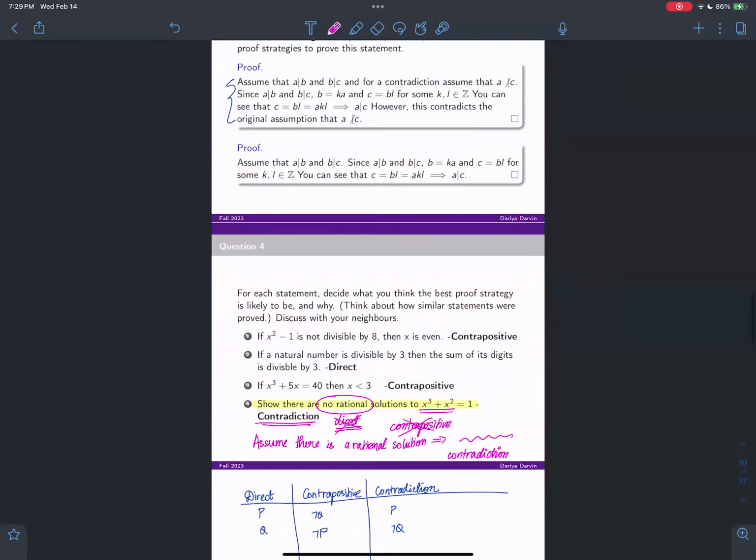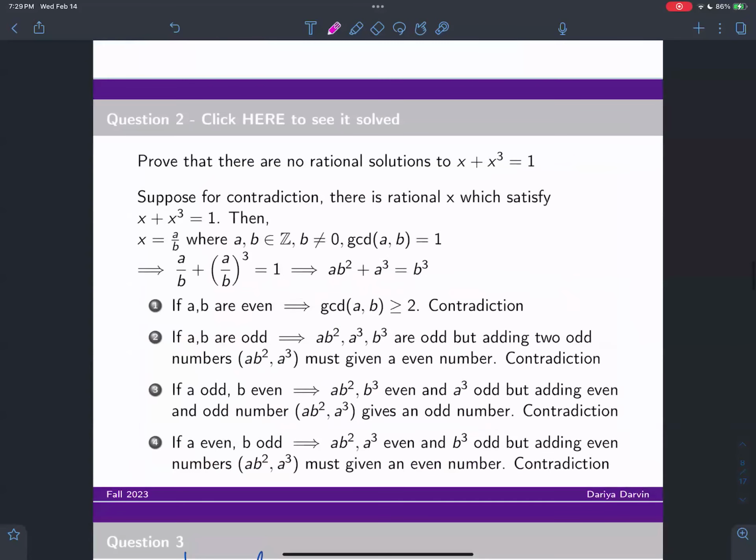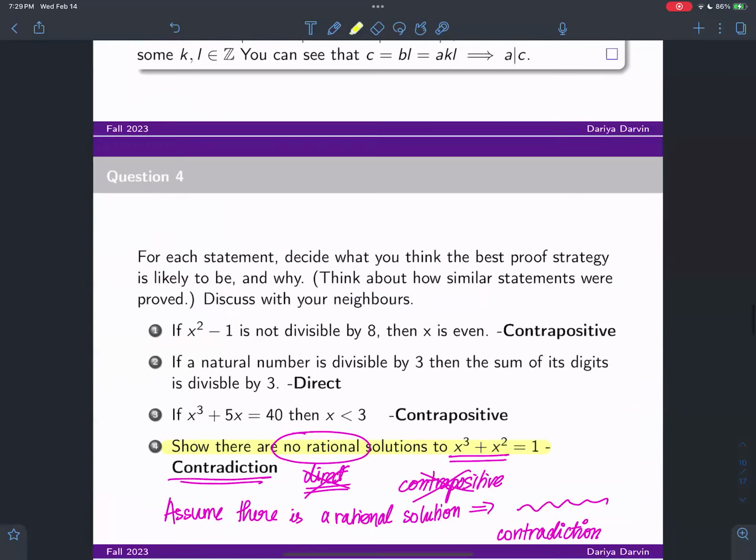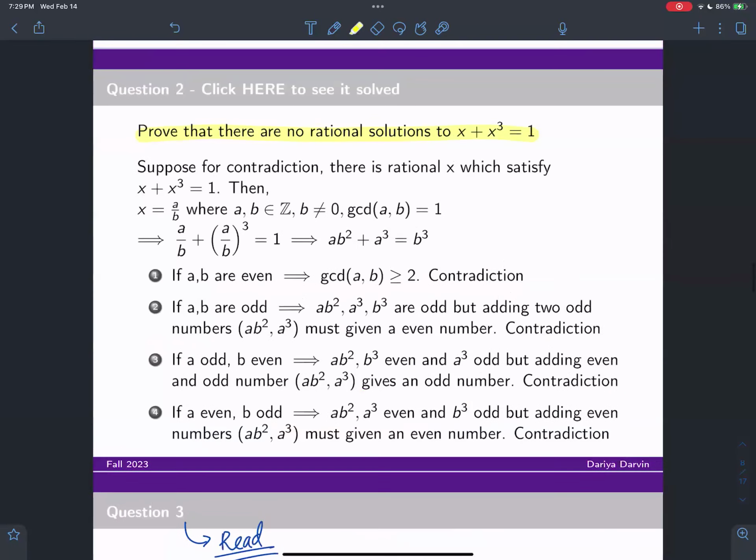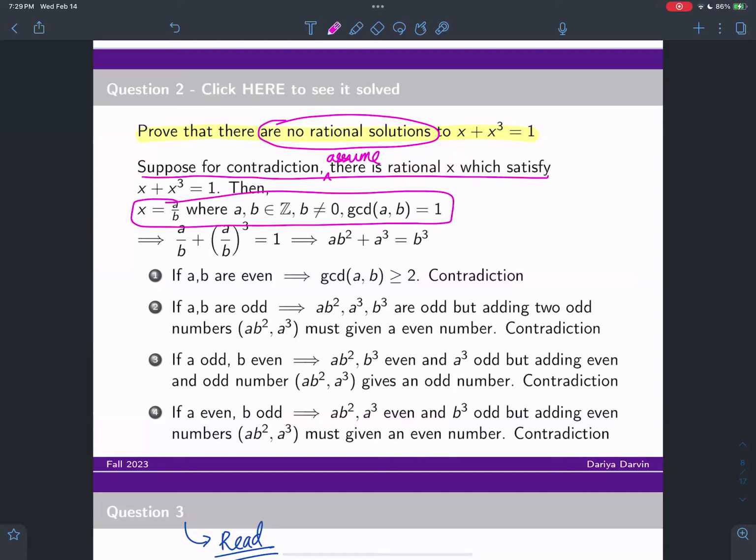Now let's see this in practice before we move on. I'm not going to do this question. We'll do a similar question. It's not the same thing, it's slightly different. So if you get no rational solution, suppose for contradiction, assume there is a rational x which satisfies the equation, and then you define what rational means, you simplify, and you get a contradiction, contradiction, contradiction.